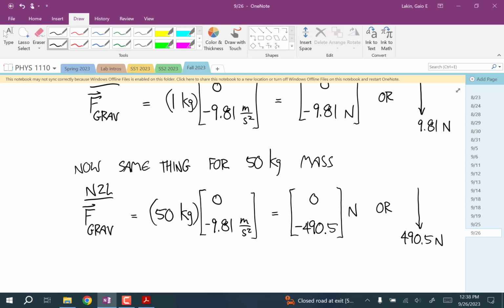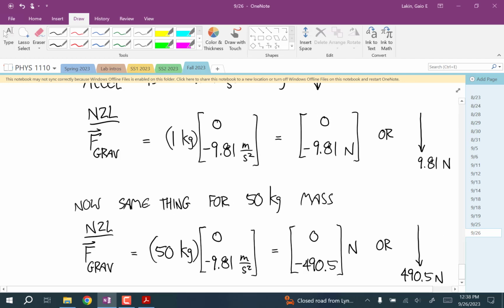You don't have to put the negative if you're showing the arrow. That's correct. If you're showing the arrow, then all you have to put on it is the magnitude of that vector.